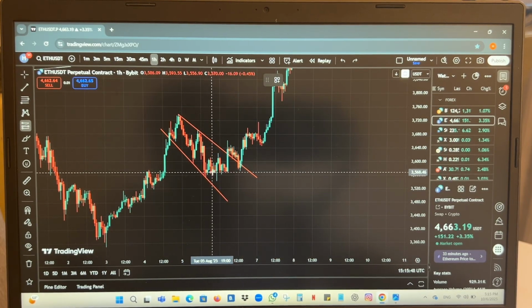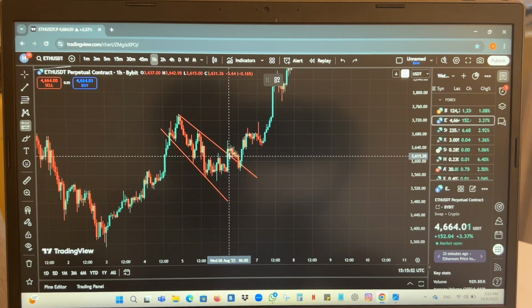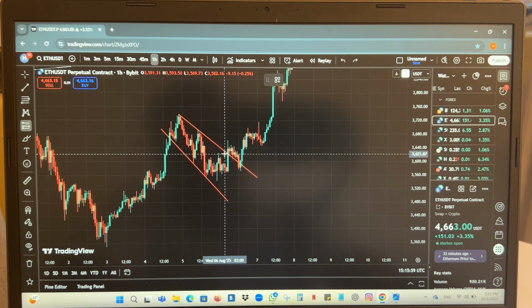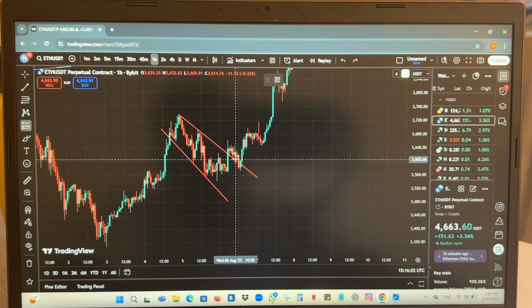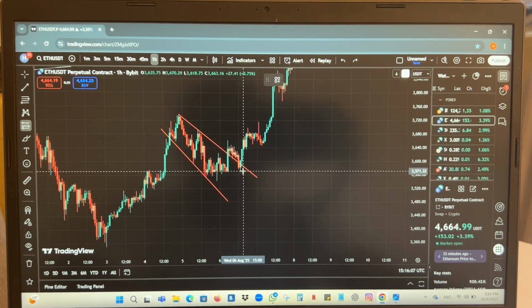Just because it hunted this trend line, do not get in on a trade. Even if you panicked and put a limit order before it hit this trend line, over here, with the stop loss extremely tight, look at the retest, how long it went.